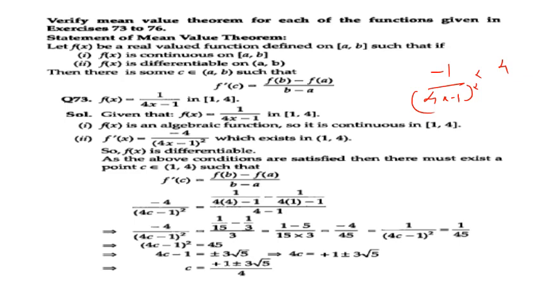Simplifying, you get c is equal to (minus 1 plus or minus 3 root 5) by 4. Which value will we take? (1 plus 3 root 5) by 4. It belongs to the open interval (1/4, 4). Hence LMVT is verified.